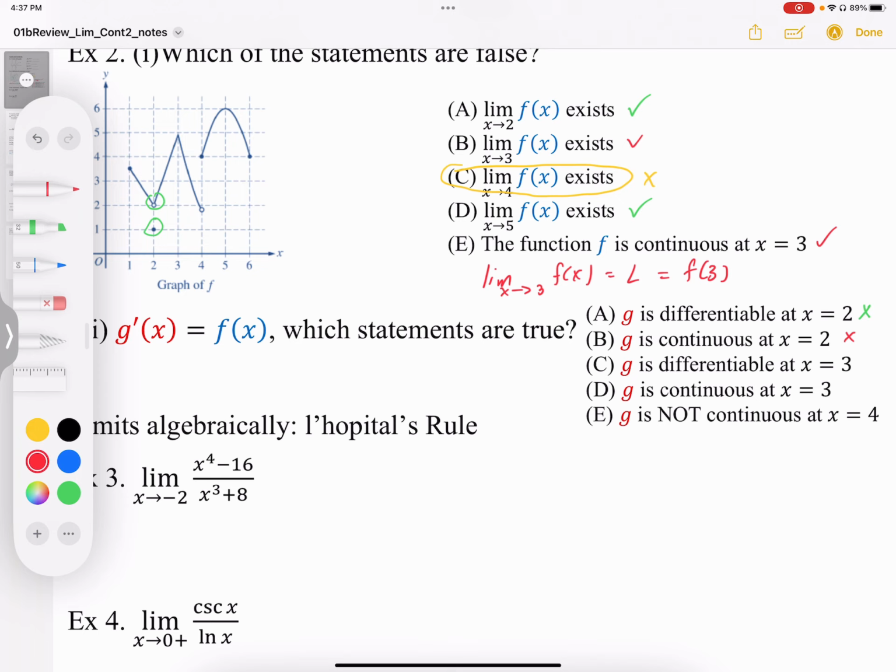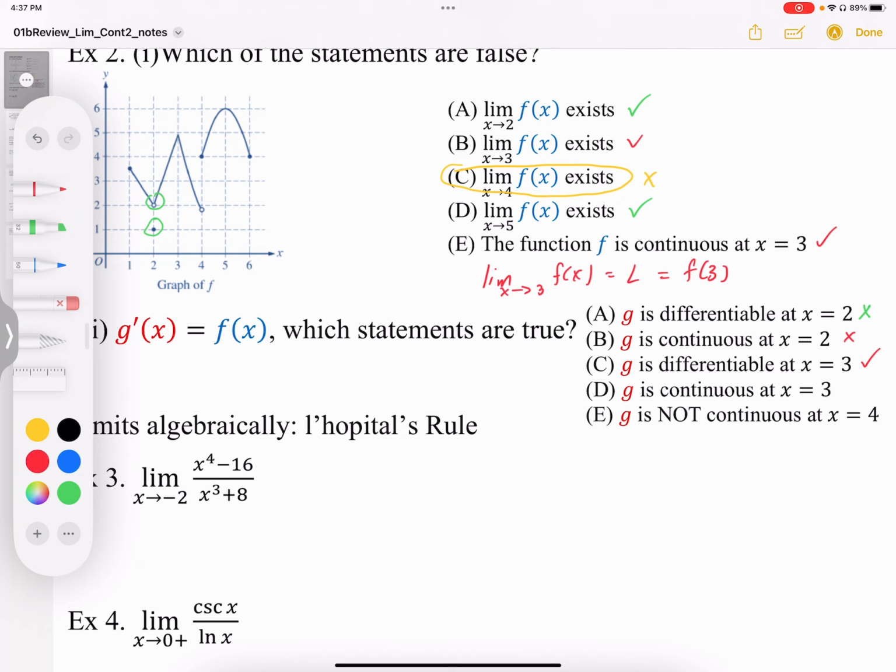For x equals 3, although it's not smooth through there, it changes direction, it's a vertex, it is continuous. That means that g must be differentiable because the derivative is continuous at x equals 3. So that is a true statement.